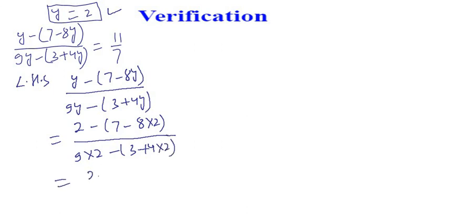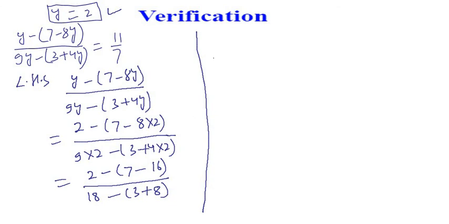Let us do this one. So 2 minus 7 minus 8 twos are 16, divided by 9 twos are 18 minus 3 plus 4 twos are 8. So let us do this one here. It is 2 minus, and here 16 minus 7. What will happen?